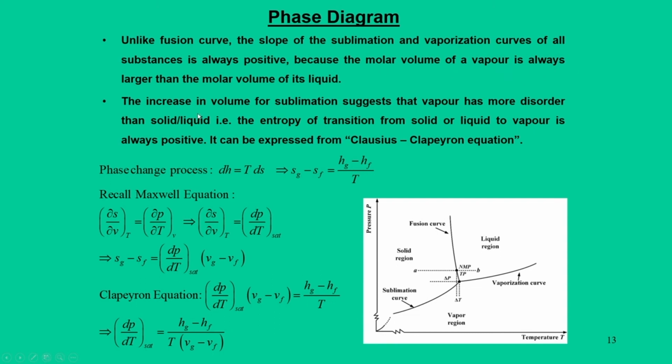And of course, we all know that the increase in volume on sublimation suggests that vapor has more disorder than the solid or liquid. So, entropy plays a role. The entropy transition from solid or liquid to vapor is always positive, and this entropy we can calculate from the Clausius-Clapeyron equation, which was derived earlier through Maxwell equations and the Clapeyron equation.